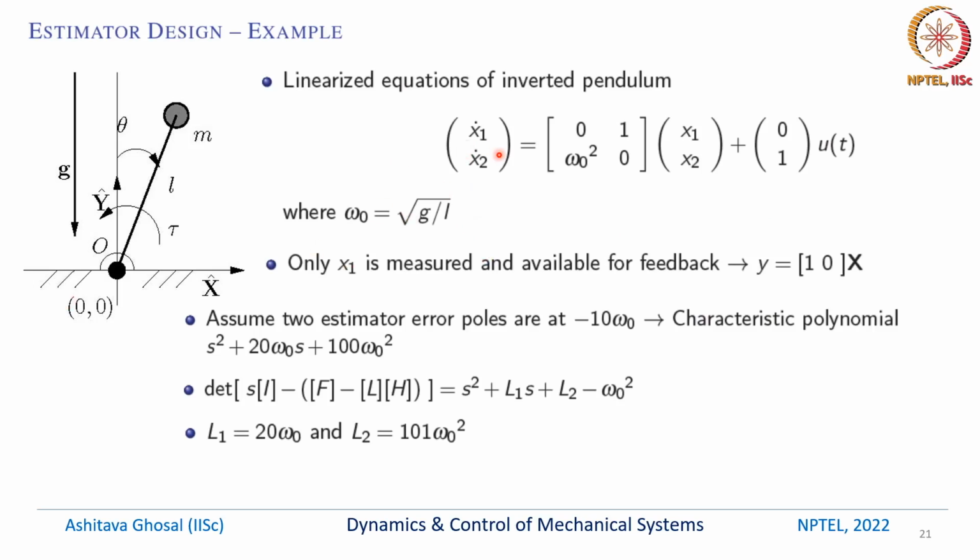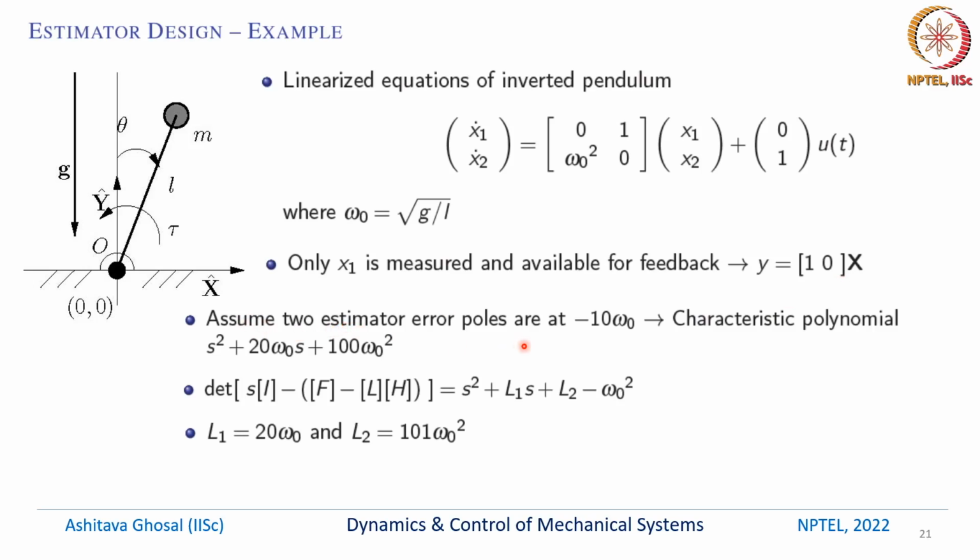We will only measure x1. So remember, for full state feedback we have u equals minus Kx, but here we are only going to measure x1. We are not going to measure x2. And the available feedback is y is equal to [1, 0] into x. So x is x1, x2. So y is only x1.